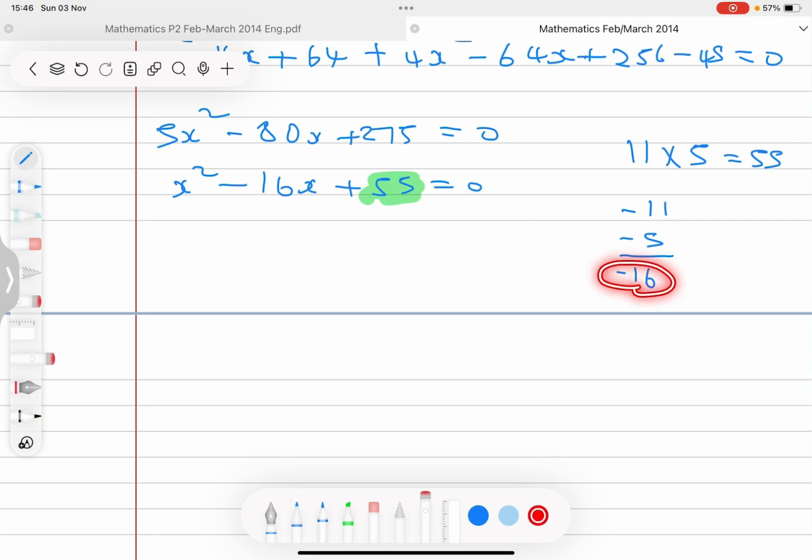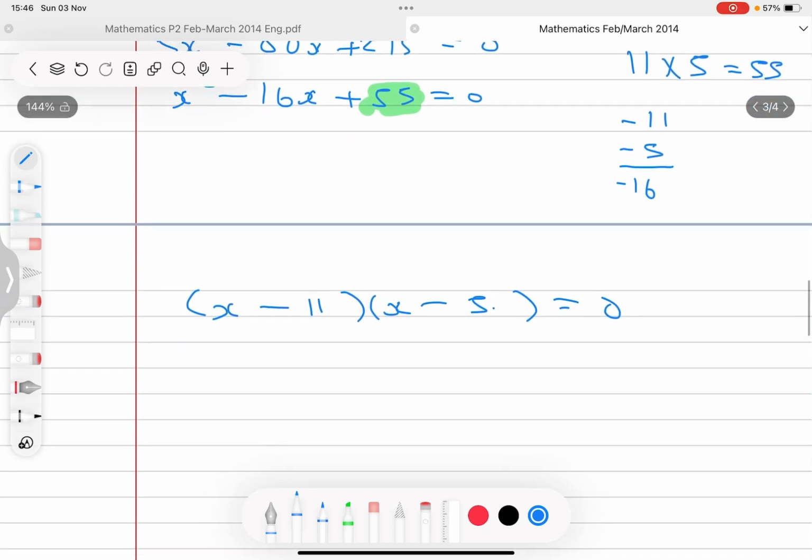It's going to be a negative 16, yes. Which is this middle part here, and this is the product of the two. So my factors, when I factorize this, would be a negative 11 there and a negative 5. So this means that I'm going to have x is equal to 11 or x is equal to 5.